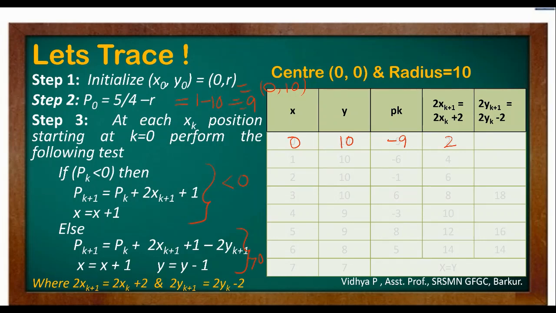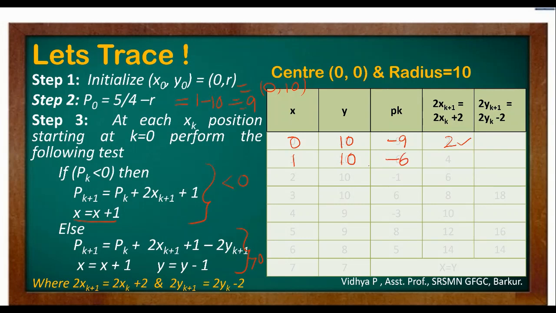We increment only x and keep the same y value. So pk plus 1 is equal to previous pk plus 2xk plus 1 plus 1. 2xk plus 1 is here already. So it is minus 9 plus 2 plus 1. That will become minus 6.